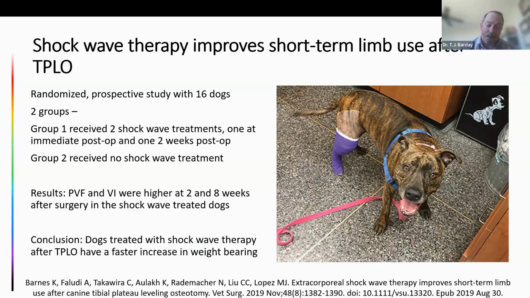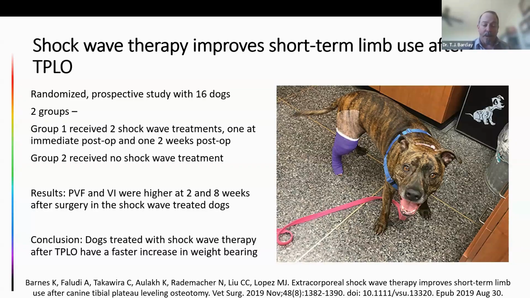So there were two groups, a control group, and then a group of dogs that received that standard protocol of 2 shockwave treatments after TPLO surgery. And these dogs were evaluated with force plate analysis, and showed pretty significant improvements in lameness in that treated group.